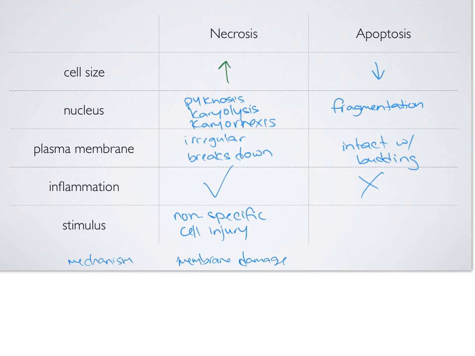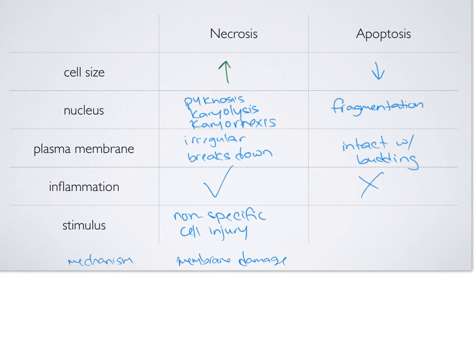But as you saw, you can get membrane damage because of hypoxia with decreased ATP production. You can get membrane damage with reactive oxygen species. You can get membrane damage with increased intracellular calcium. So there's a lot of pathways that can lead to that. But ultimately, it's when the membrane starts to break down that you start with necrosis.